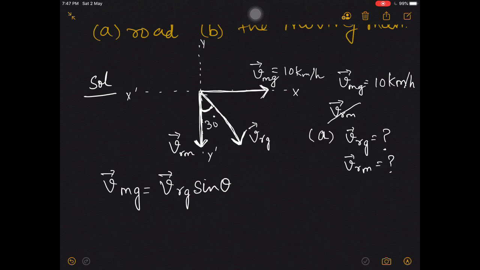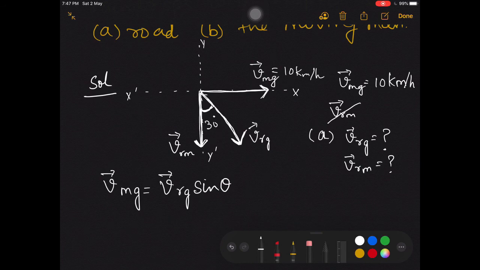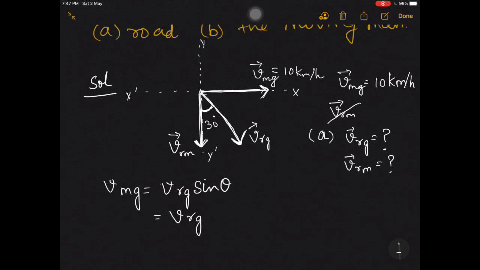I cannot use a vector symbol there because I am writing the magnitude. So VMG is equal to VRG sine theta, and theta is 30 degrees here. If you remember resolution of vectors, this VMG is going to take the sine component.